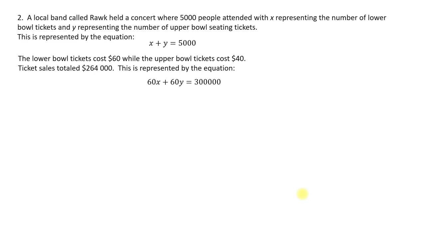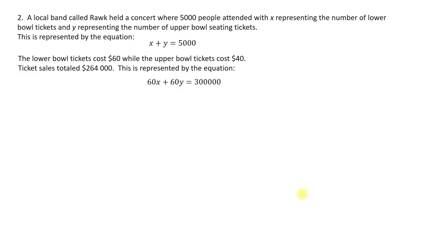A local band named Rock held a concert where 5,000 people attended, with x representing the number of lower bowl tickets and y representing the number of upper bowl seating tickets. This is represented by the equation x plus y equals 5,000.